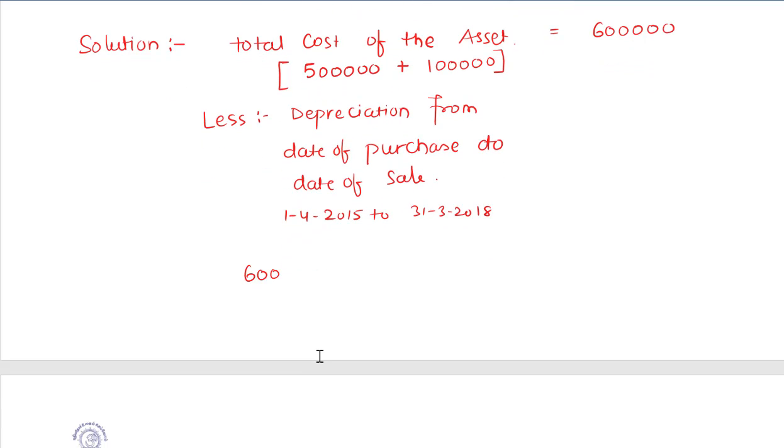So we have to calculate depreciation on this value, 6 lakh. The rate of depreciation is 10%, 36 months, so 36 by 12. So depreciation for 3 years will be 6 lakh multiplied by 10 by 100 multiplied by 36 by 12. This is 1 lakh 80,000.